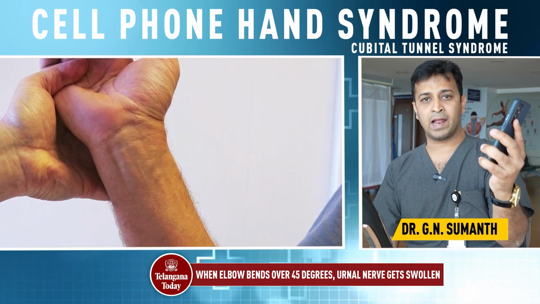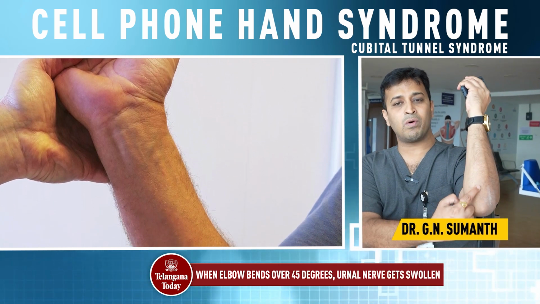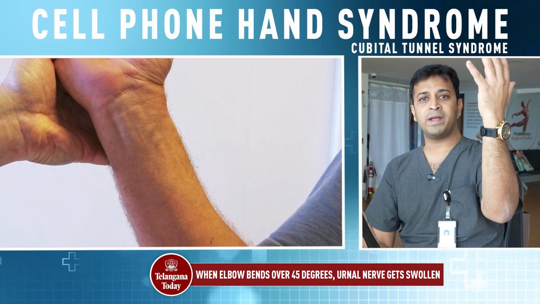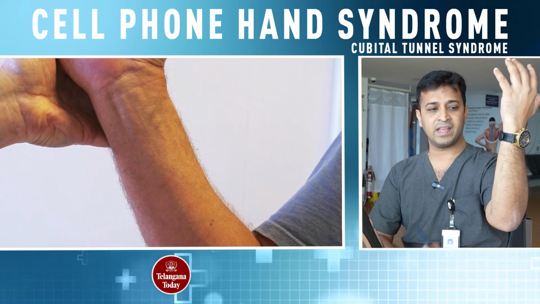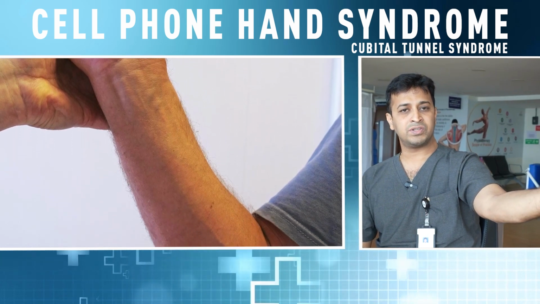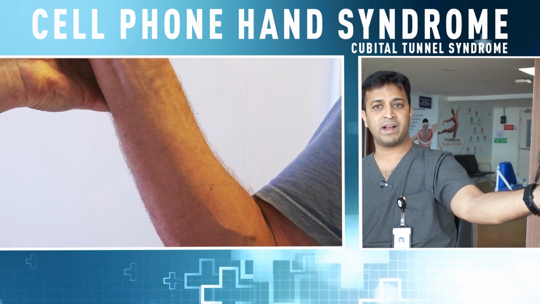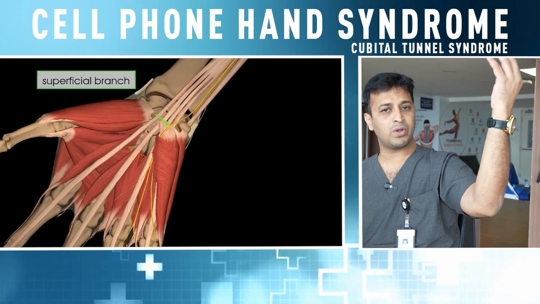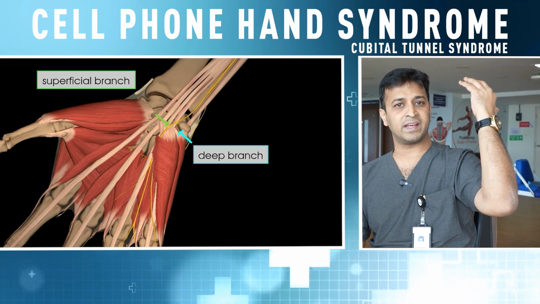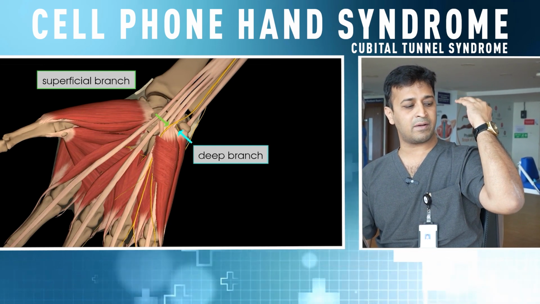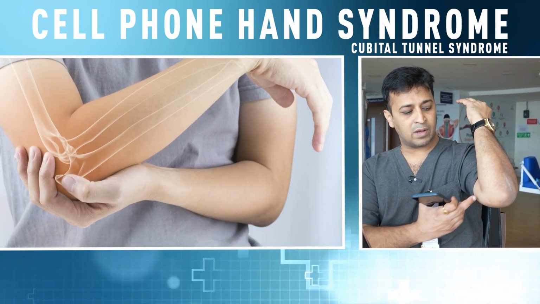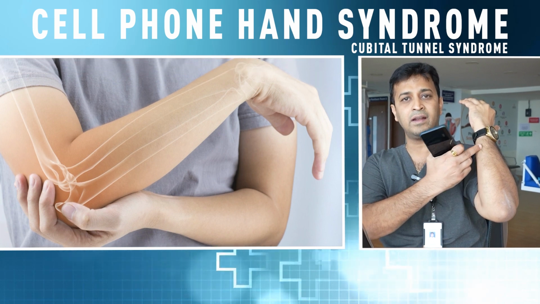Using your cell phone a lot causes tension over your nerve. Your nerve will be tension free when you keep your hand just below 45 degrees. When you move your hand more than 45 degrees, the more you flex, the more tension is created in the nerve.